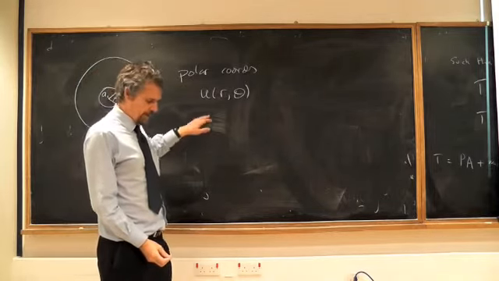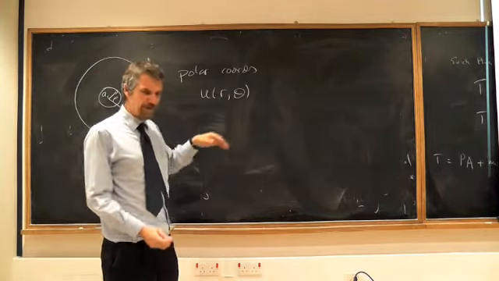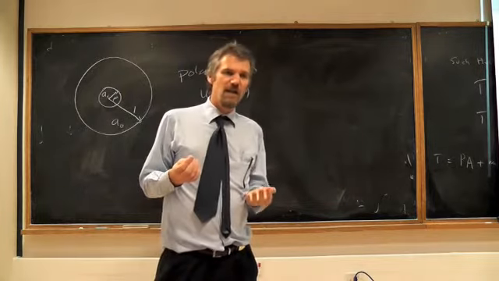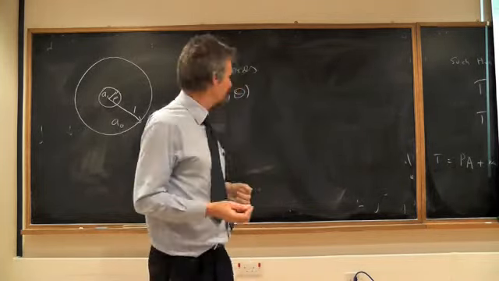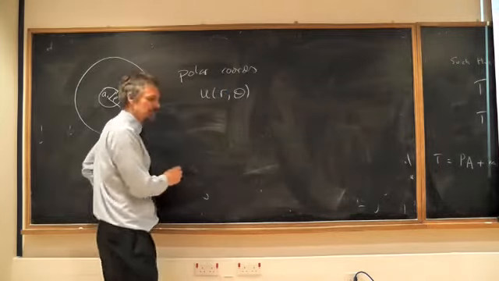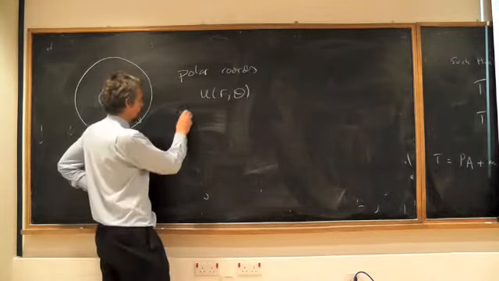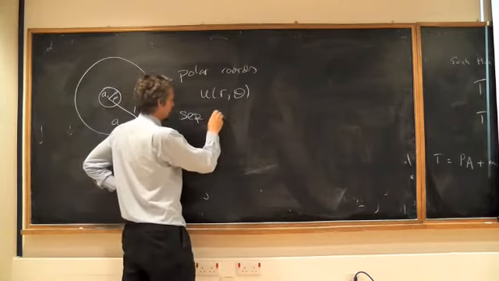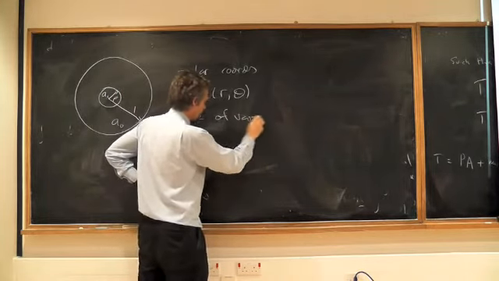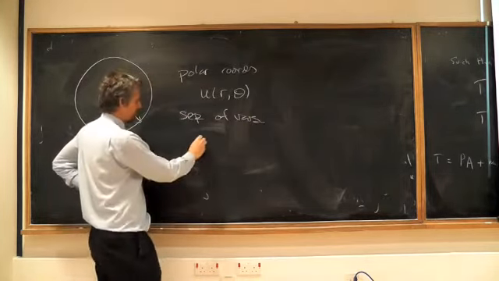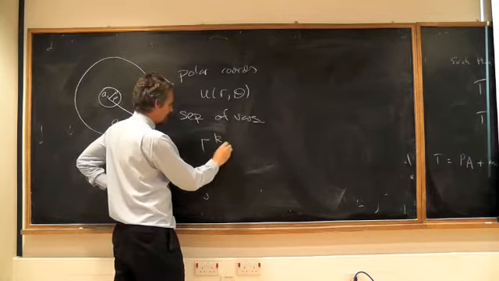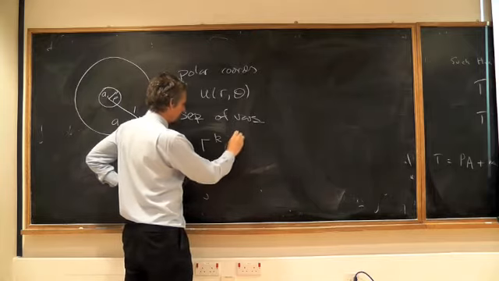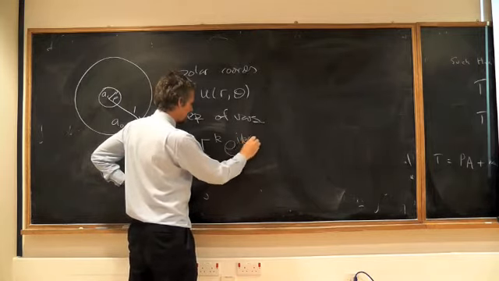You look for solutions that are a product of some function of r and some function of theta. And that's called separation of variables. And when you do that, you find that you have solutions that are of the form r to the k, e to the i k theta.